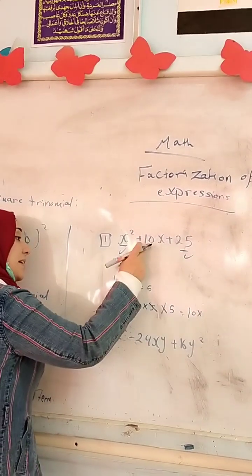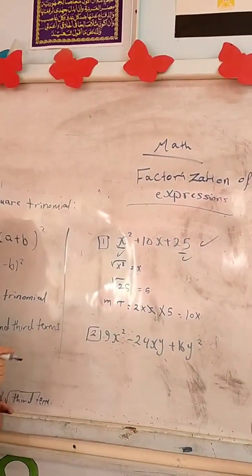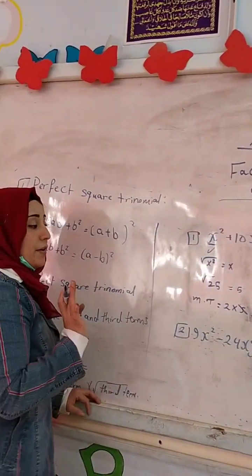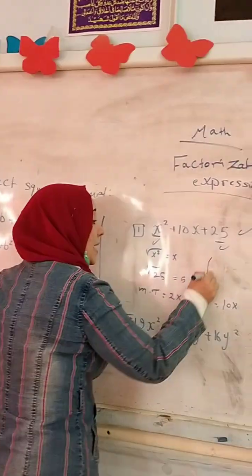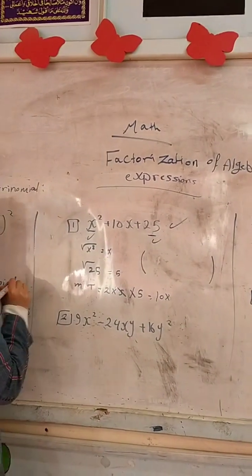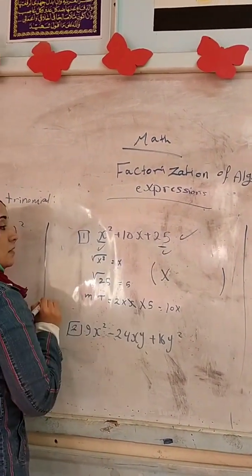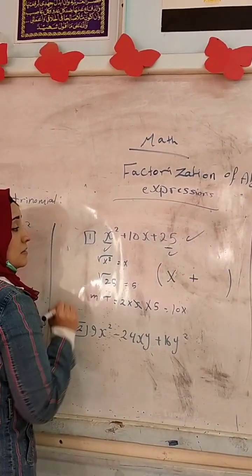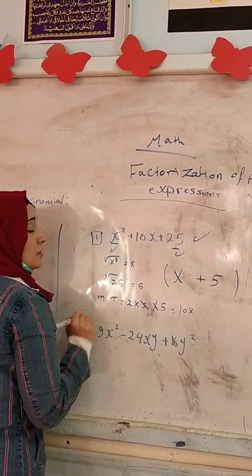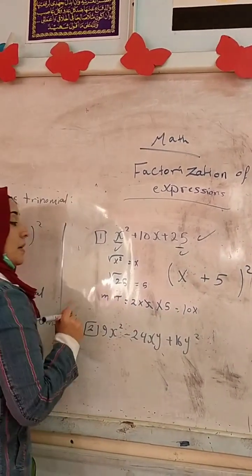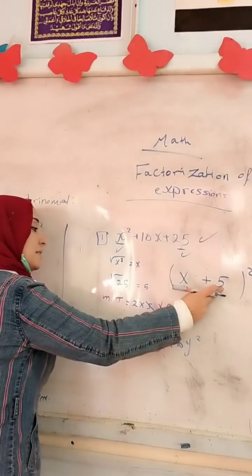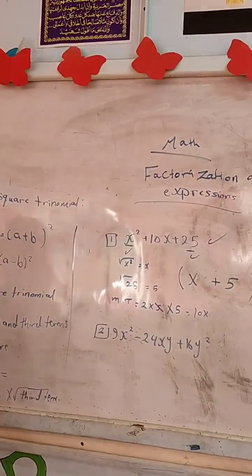If the result is 10x, then it's a perfect trinomial square. And we can put it in the form of (x plus 5) to the whole square: first and second to the whole square.